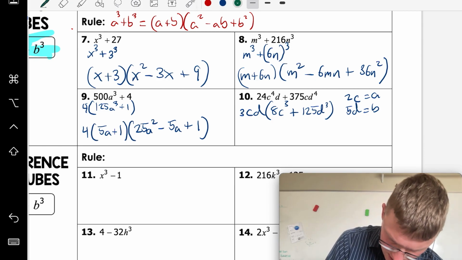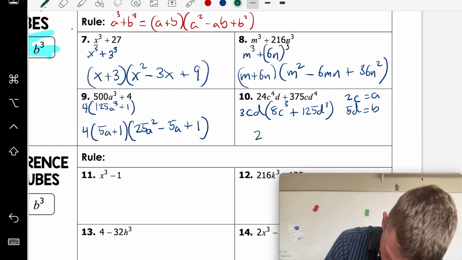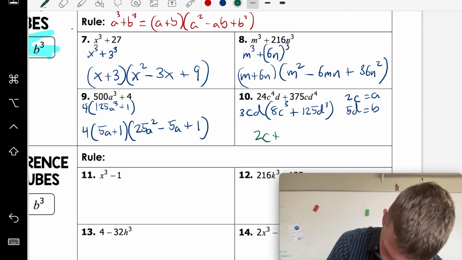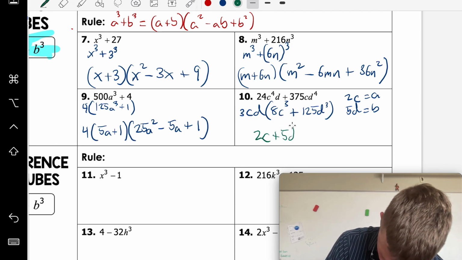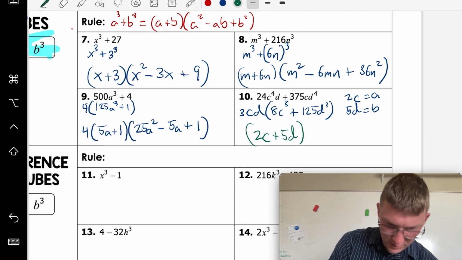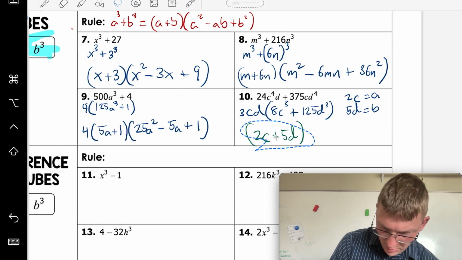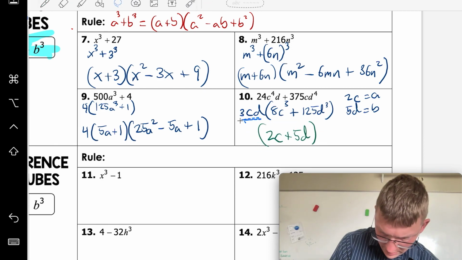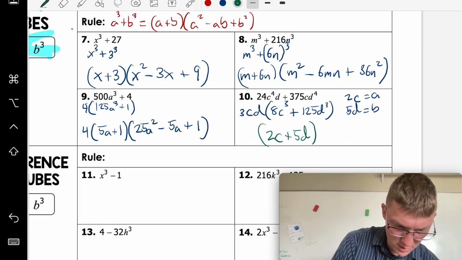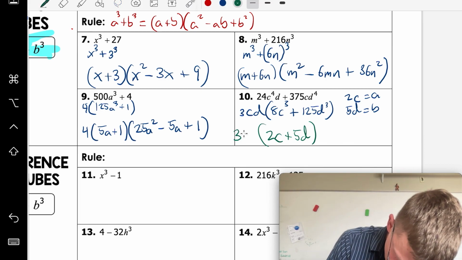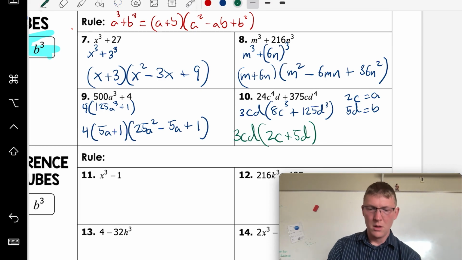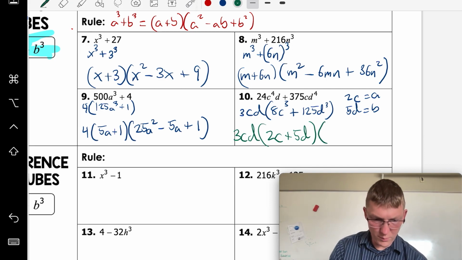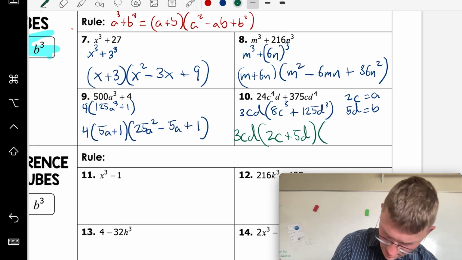So our answer is going to be 2c plus 5d. And I'm going to bring this over because we got to bring this stuff down. So we can't forget about that. 3cd. And then our rest of it is a squared.